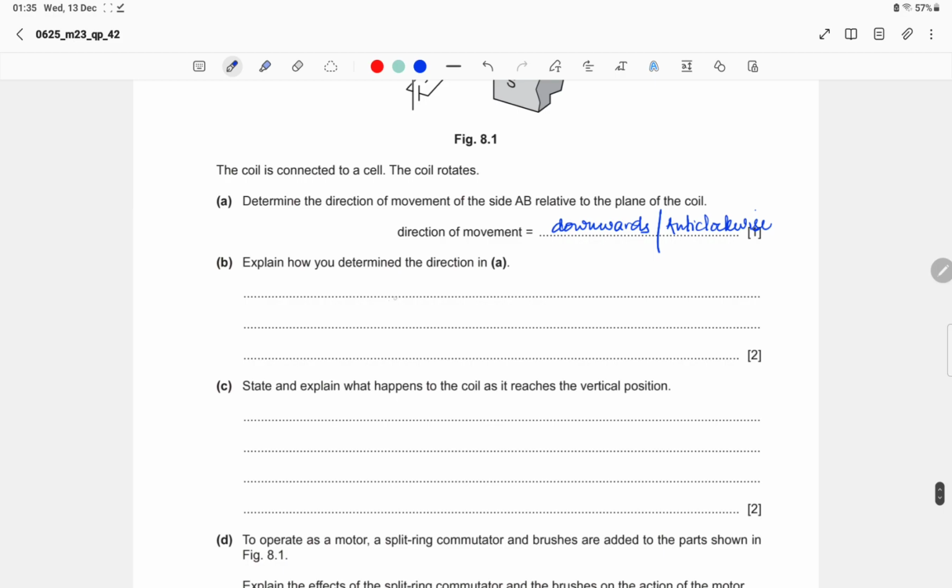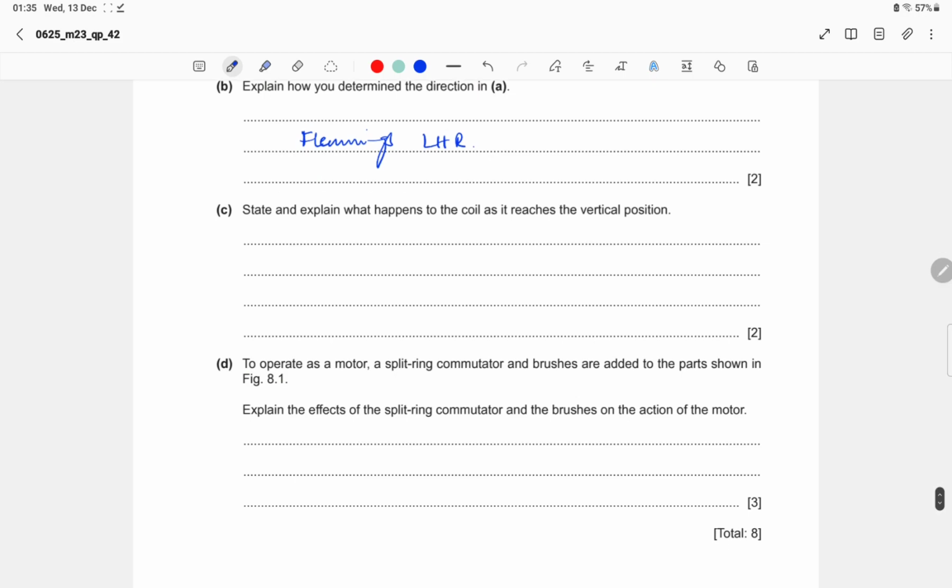Explain how you determine the direction. Again, you can write it down, Fleming's left hand rule. State and explain what happens to the coil as it reaches the vertical position. So the coil is going to stop.